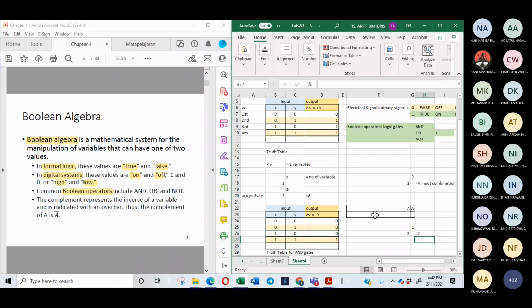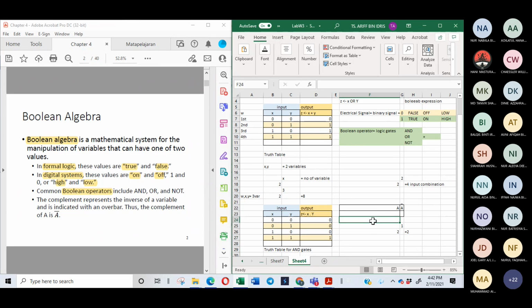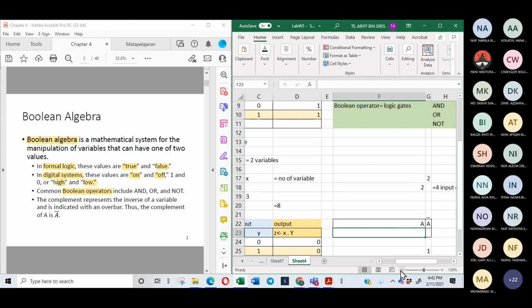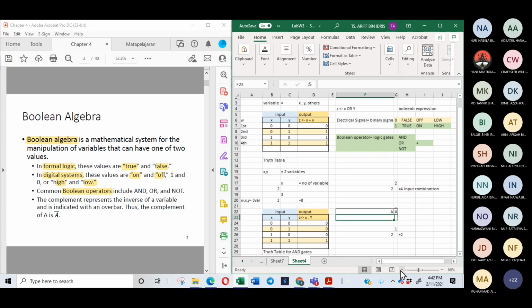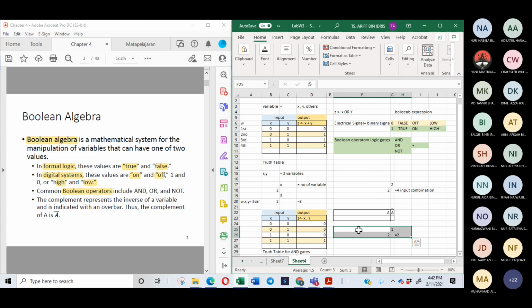So how many input combinations should we have here? Two. So what are the relevant input values? 0 and 1. Let me minimize the size first and move it down a bit. So the input value is either 0 or 1. As you know here, this is A bar.